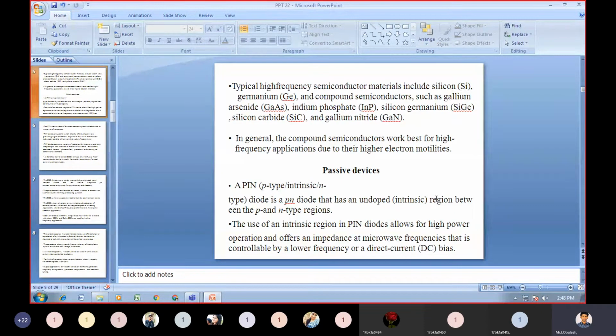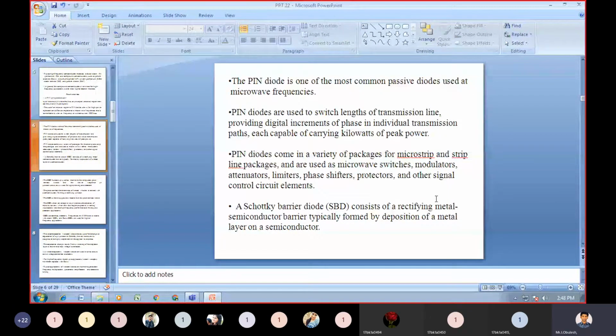The PIN diode is one of the most common passive diodes, which is used at microwave frequencies.